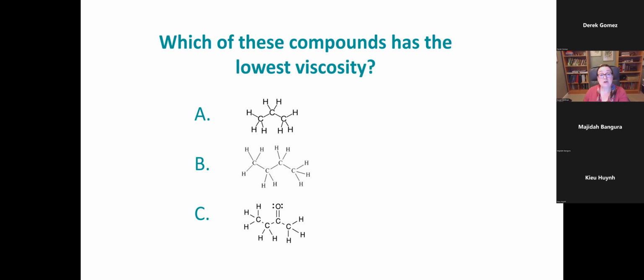All right, so we're looking for low viscosity. Do we want big intermolecular forces or small intermolecular forces? Small, good. All right. So which of these has the smallest intermolecular forces? So they're going to be the one with the lowest viscosity.